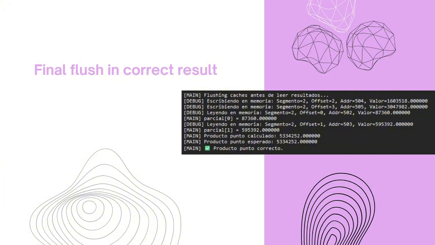And then when we flush the caches before reading the results, that led us to have the right results from the cache to the principal memory. So that led us to say that we have correct behavior of the project, where we can find the dot product matches the expected one, which is amazing.